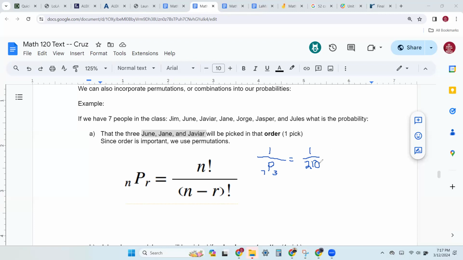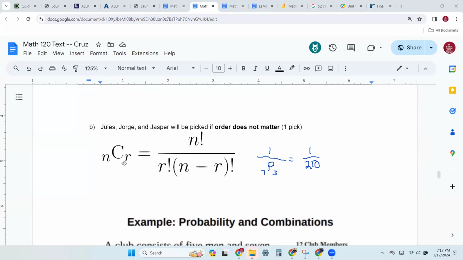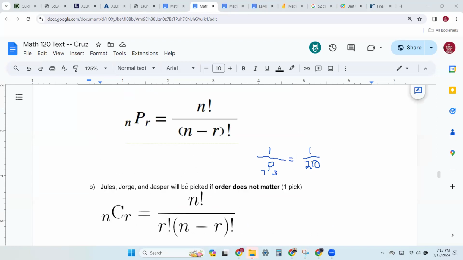Now, let's say we want to do these without respect to order. All right, well, if there's no order, then we're going to go back to our friends, the combination. So now it's one pick again. So the numerator is going to be 1, but now down here it's going to be 7C3.